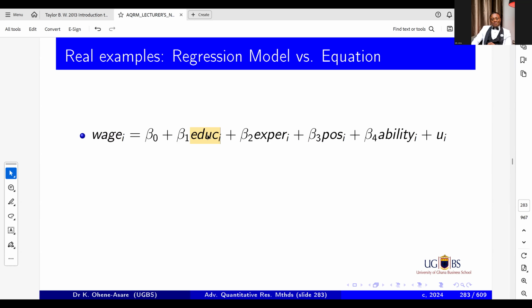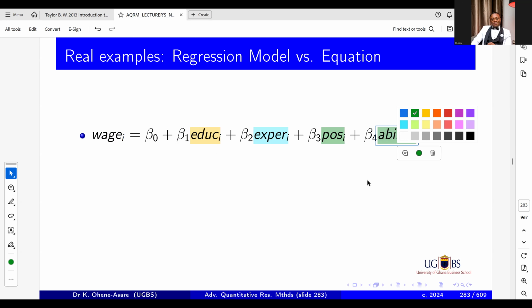That your experience may have an influence on your salary. That your position in the company may have an influence on your salary. That your ability may have an influence on your salary.